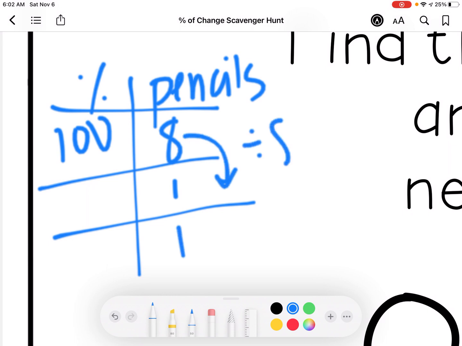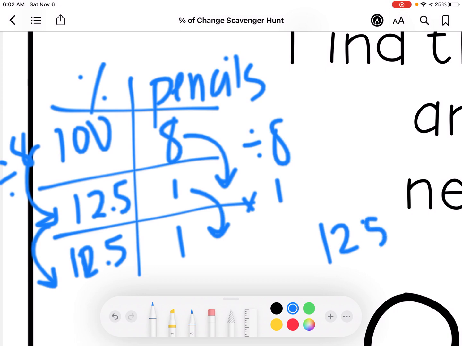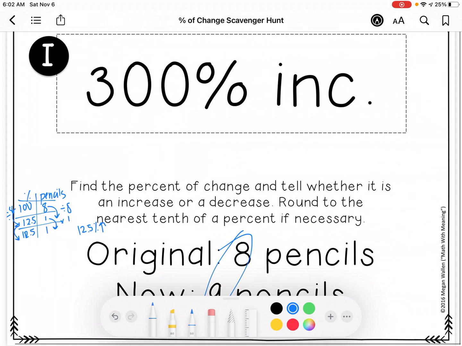So I'm dividing by 8. So 100 divided by 8 is 12.5. If I multiply by 1, I get 12.5%, and it's going to be an increase because I'm going up by 1 pencil.